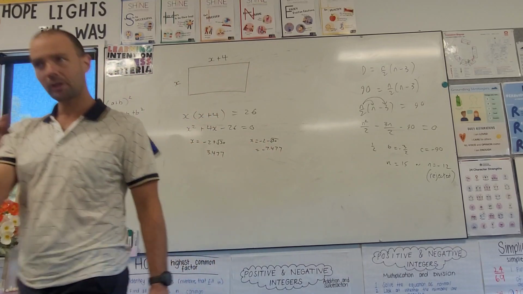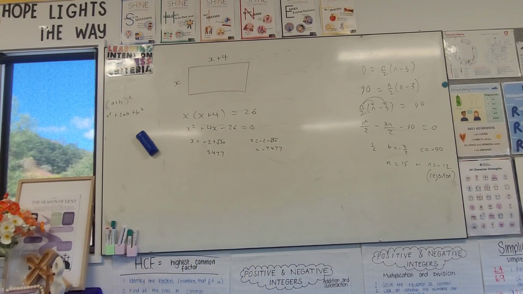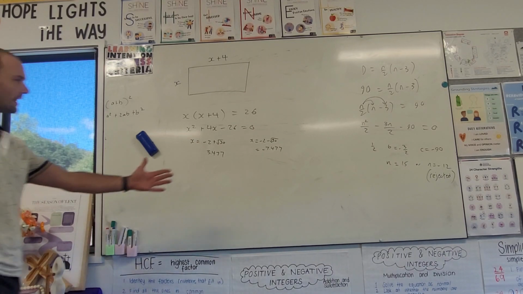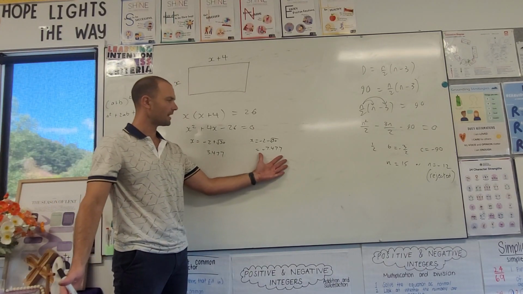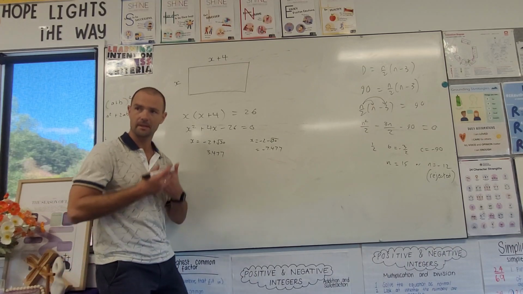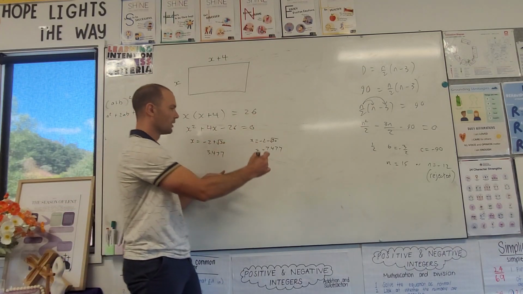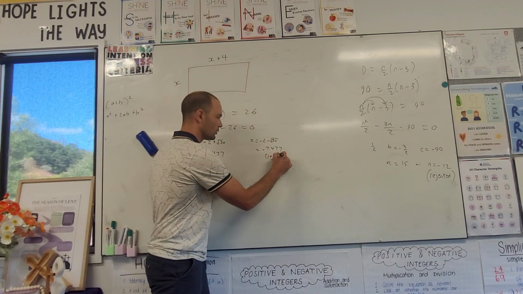Now, what are we talking about here? We're talking about the length of a rectangle. So what does this mean for our solutions? One of them doesn't match the problem. It can't be negative. A length of a rectangle can't be negative, can it? That doesn't make sense. It always has to be positive in magnitude. So we'll reject the negative solution.